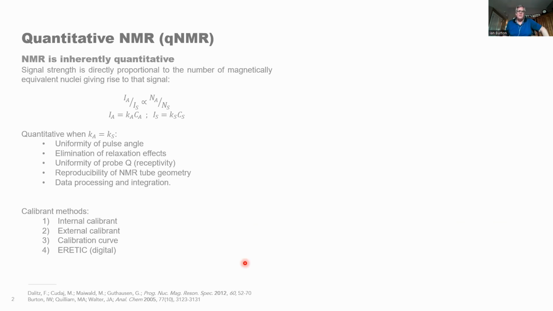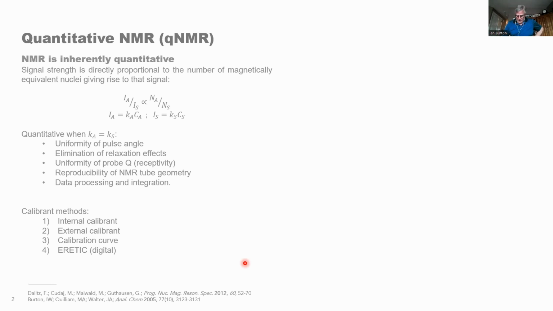We use this all the time when we do structural elucidation, looking to see how many protons are associated with each site. Because the number of protons is directly related to concentration, we can come up with a formula for measuring the molar concentration of a compound in solution relative to either an internal or external standard.